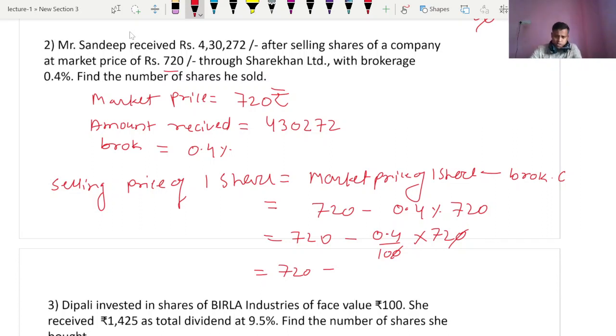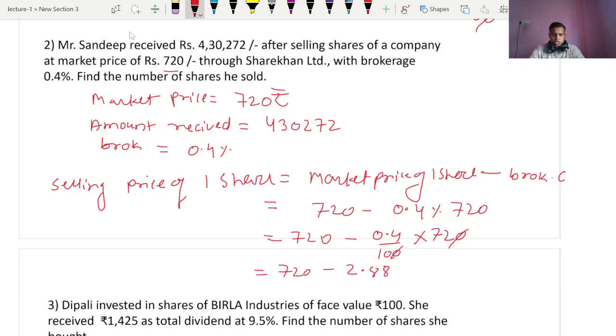Okay, I will directly do this. 0.4 multiplied by 7.2 is equal to 2.88.